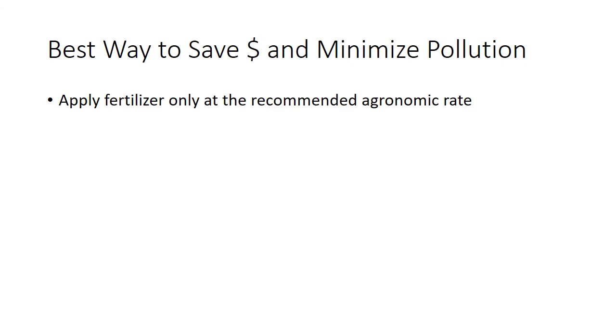All right, so the best way to save money and also minimize pollution is we want to apply fertilizer only at the recommended agronomic rate. So whatever you get as a recommended rate from the soil testing lab, that's what should be applied. And also to apply at a higher rate than that is against the law.